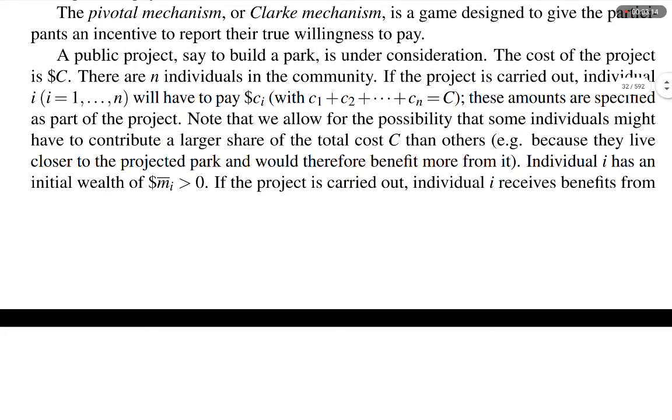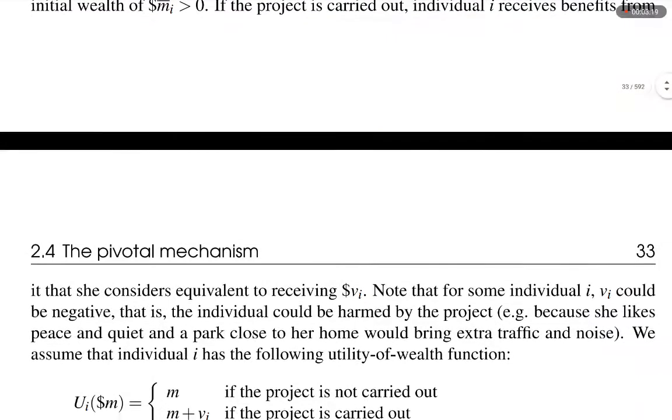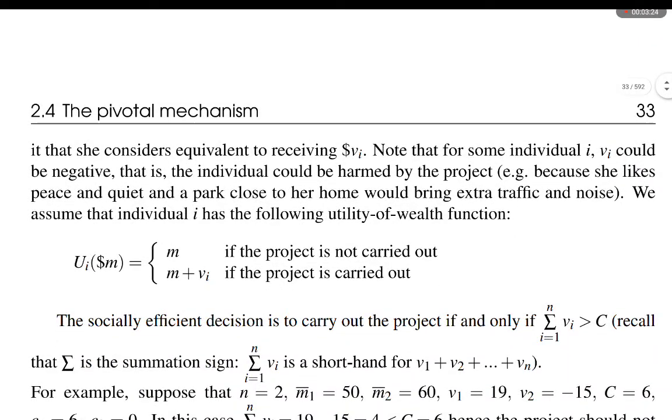If the project is carried out, individual i receives benefits from it that she considers equivalent to receiving $V_i. Note that for some individual i, V_i could be negative. That is, the individual could be harmed by the project, e.g. because she likes peace and quiet, and a park close to her home would bring extra traffic and noise.